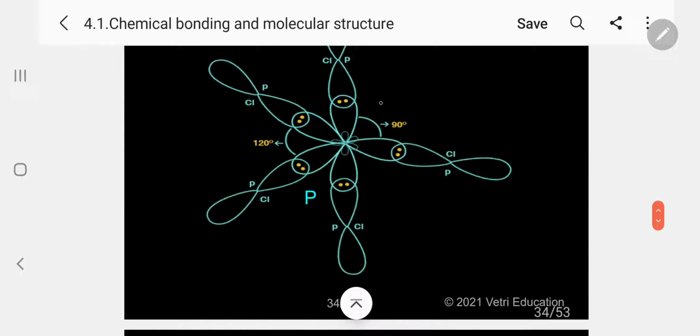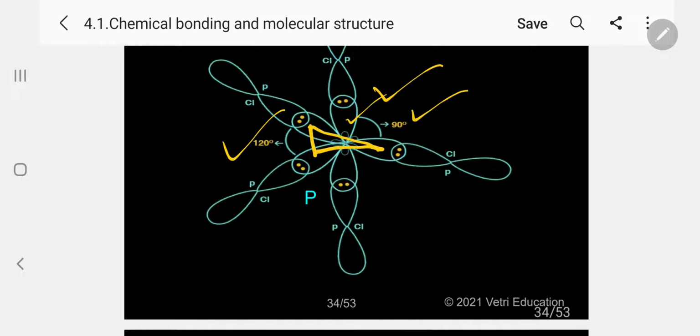This is the shape of the hybrid orbital. Kindly follow. It is trigonal bipyramid. So the bond angle is, there are 2 bond angles. One is 120, another is 90. Kindly follow, between these 3 orbitals the angle is 120.